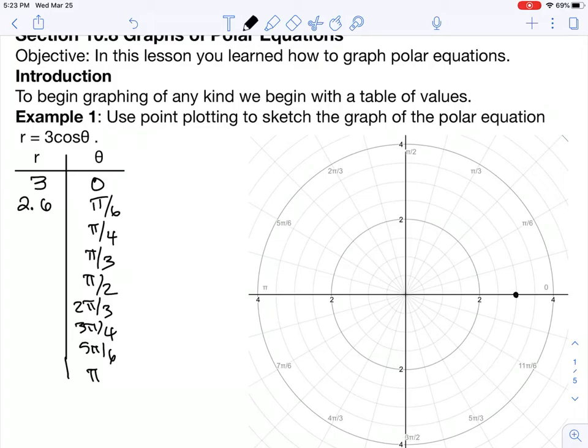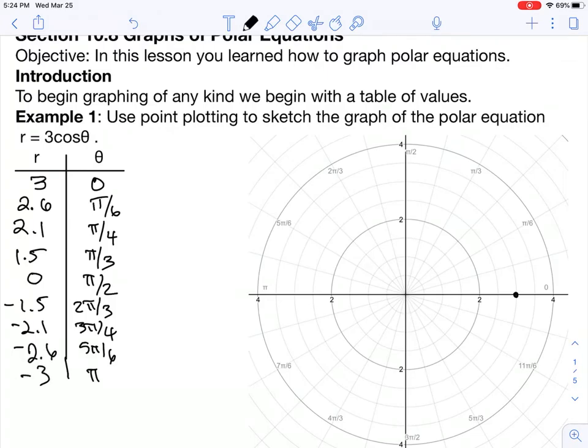Pi over 4 is 3 square root 2 over 2, which is around 2.1. Pi over 3 is a half times 3, 1.5. Pi over 2 is 0. 2 pi over 3 would just be negative 1.5. And then 3 pi over 4 is negative 2.1, and then negative 2.6, and then negative 3.